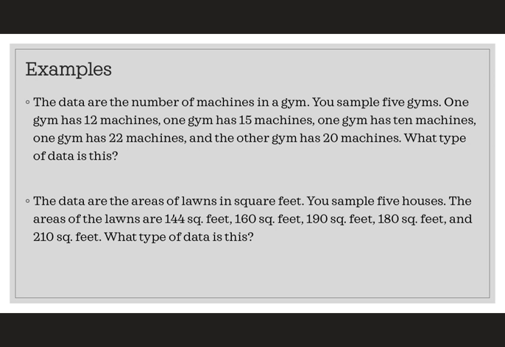If I go into a gym, does it make sense to have 3.5 machines? Well, not really, right? You either have a machine or you don't. And so we would consider this type of data to be discrete. Okay, decimals don't make sense. So if decimals don't make sense, then discrete data.